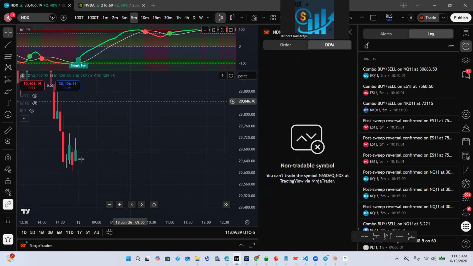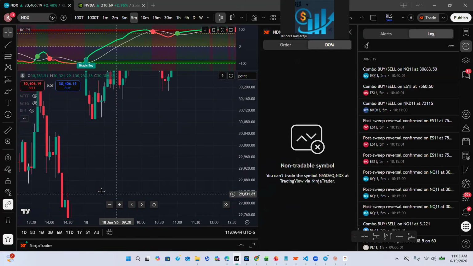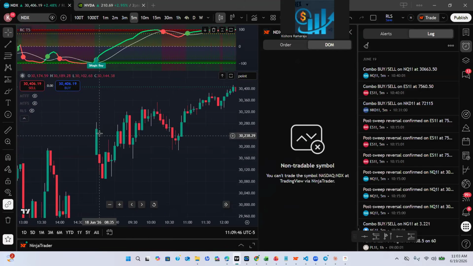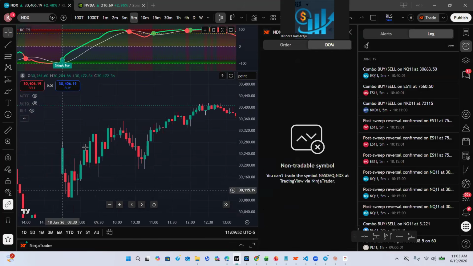It dropped somewhere here, 29,675, when it opened somewhere around 3265, nearly a 600 point gap up. And then it continued its extension. You are at a magic buy. Price went further high.